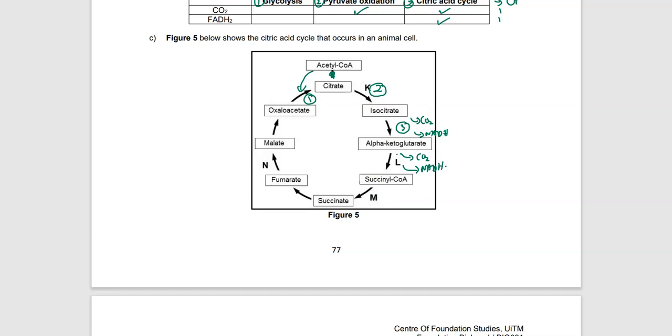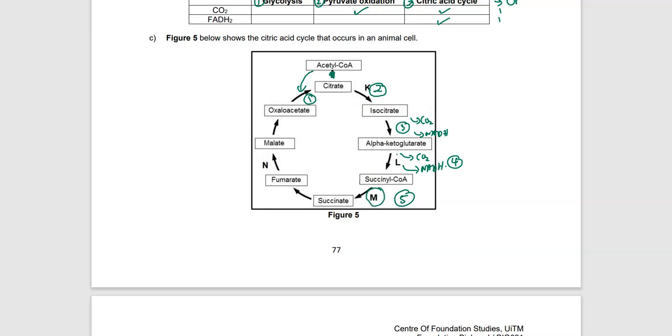So this is step 4. L is step 4. M is step 5. Step 5 is where ATP will be produced via substrate level phosphorylation. So the answer would be M.